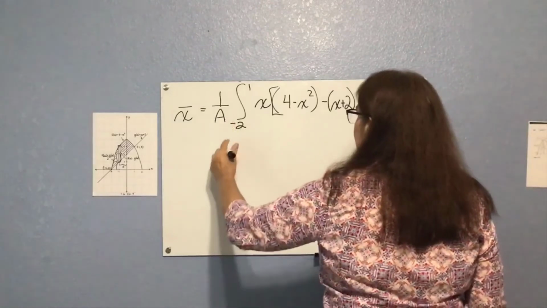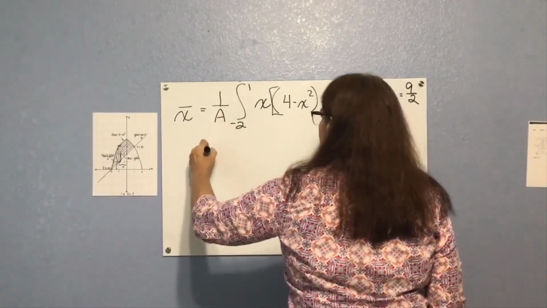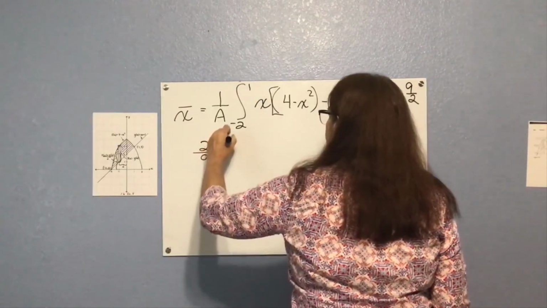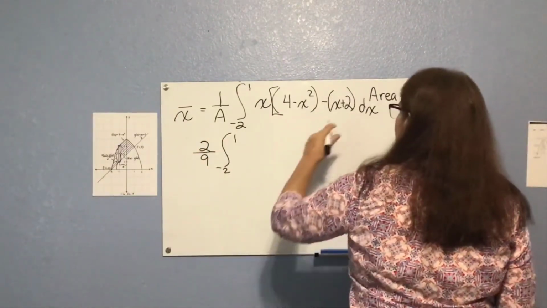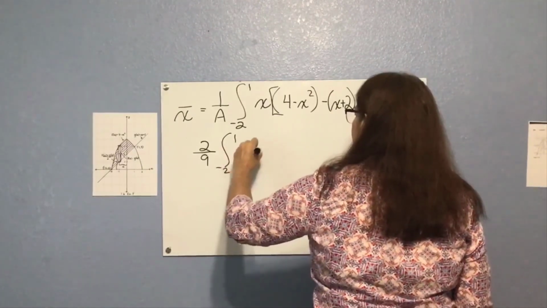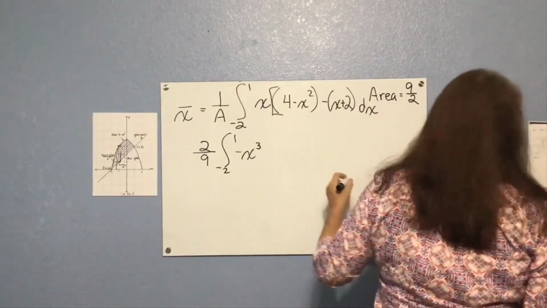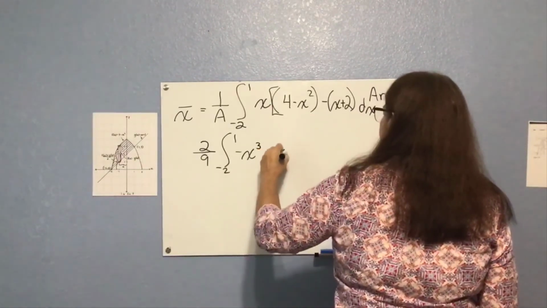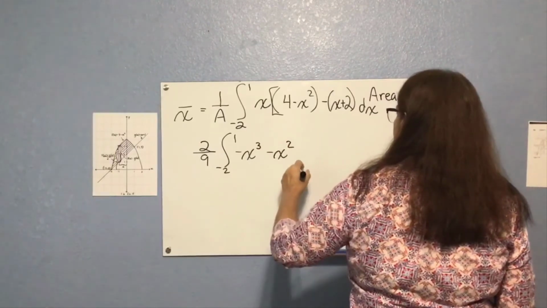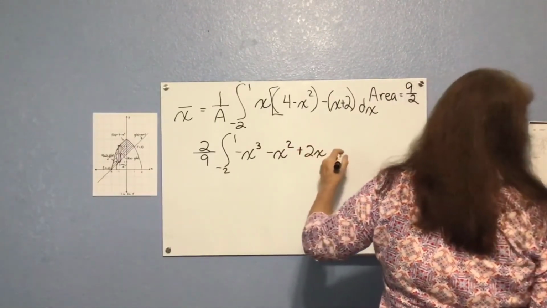Okay, since my area was 9 over 2, I'm going to change this to 2 over 9. And then putting this all together, I'm going to have negative x cubed minus x squared plus 2x dx.